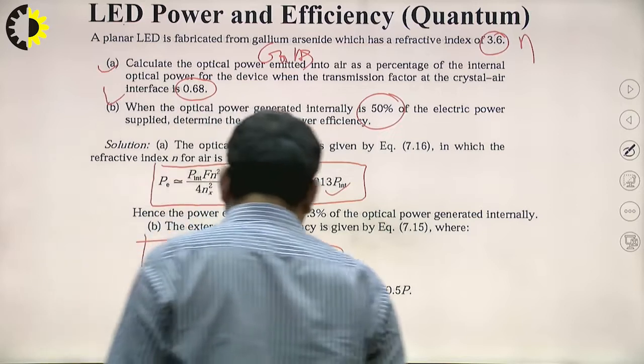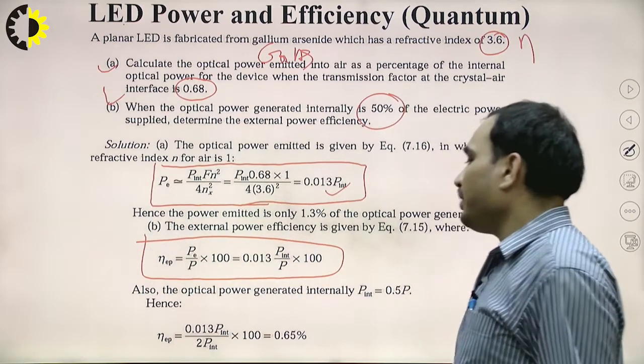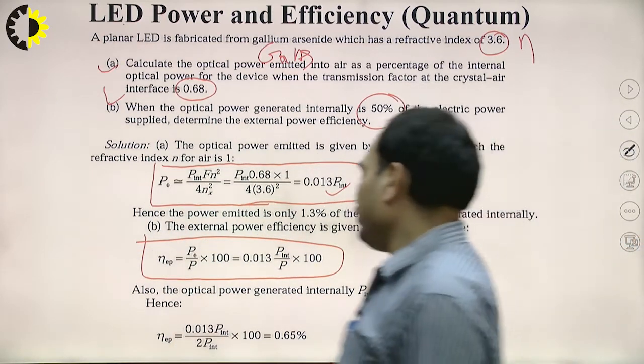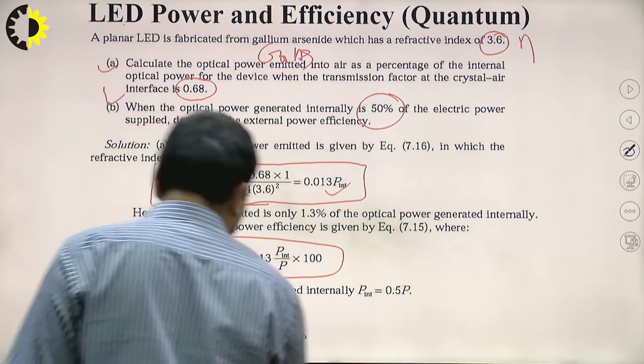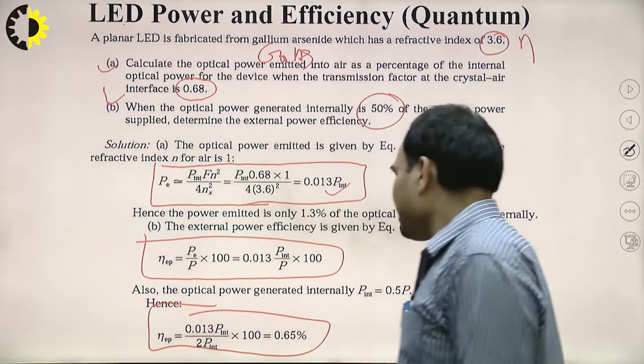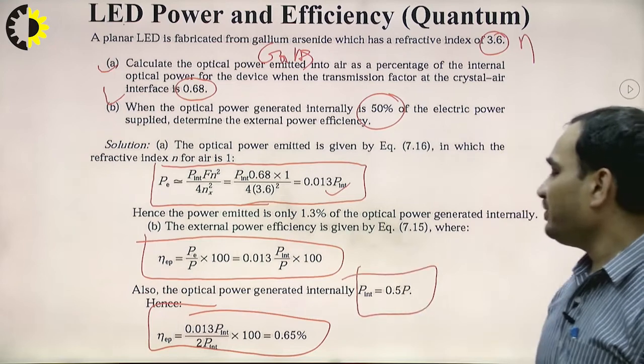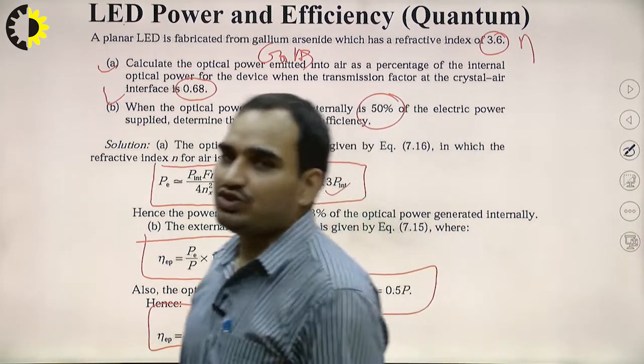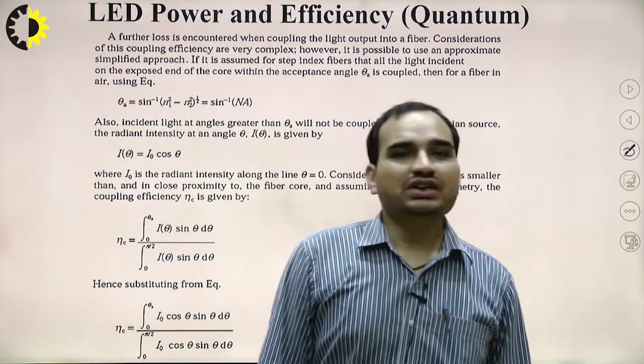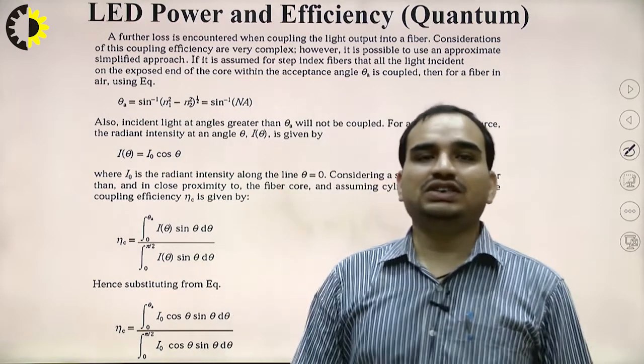So we are getting 0.013 P divided by P into 100. The external power efficiency is 0.65, because we know that the internal power is equal to 0.5 times P. Further, the loss is encountered in this Lambertian pattern.